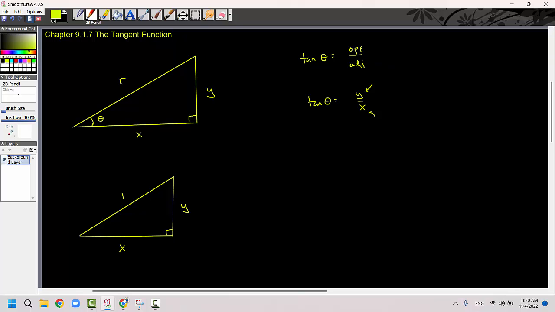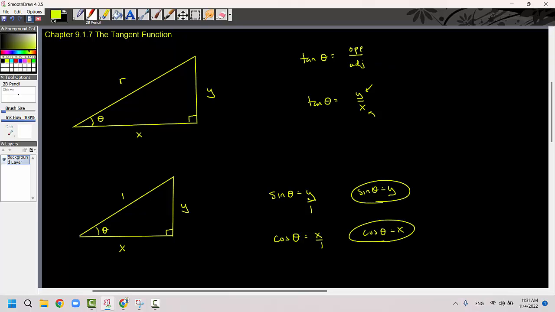Now remember, in this context, tangent of theta still equals y over x, so that doesn't change. But let's talk about this in a different kind of way. We know that sine of theta is equal to y over 1, which meant sine of theta is equal to y. Cosine of theta equaled x over 1, which meant cosine of theta equaled x. So if I do a little bit of substitution, that y I could call sine theta, and that x I could call cosine theta.